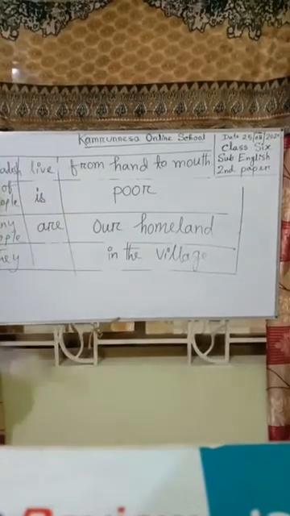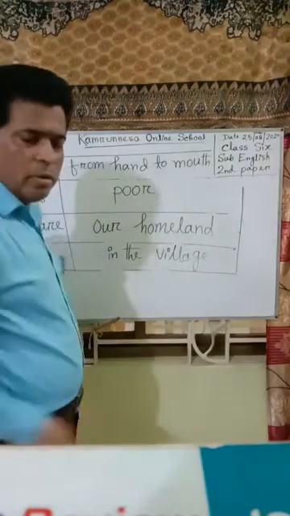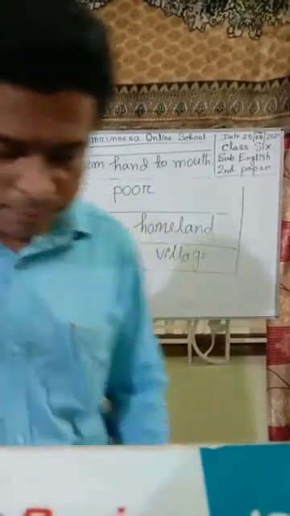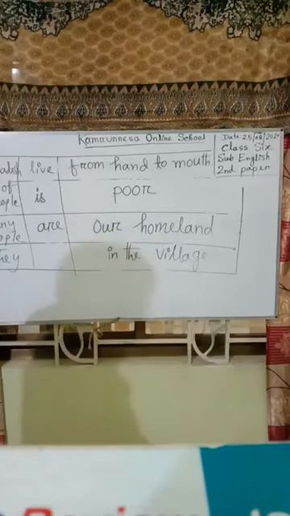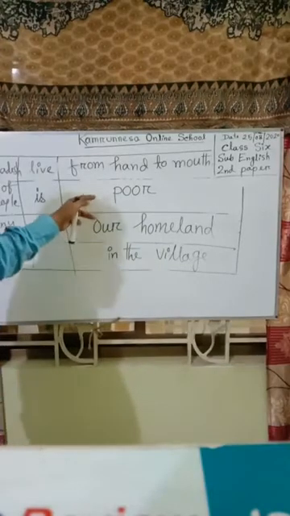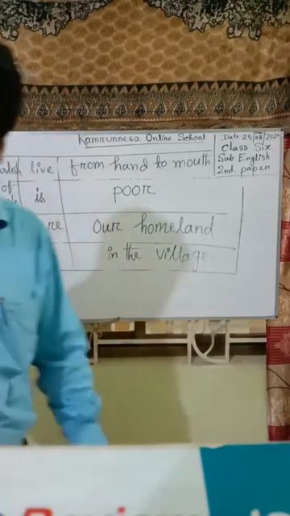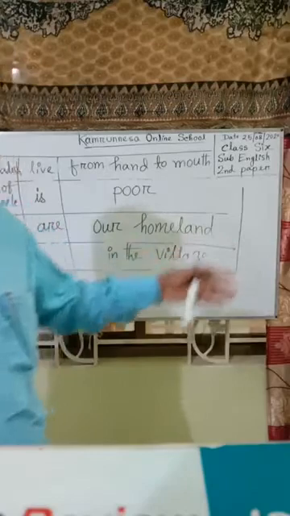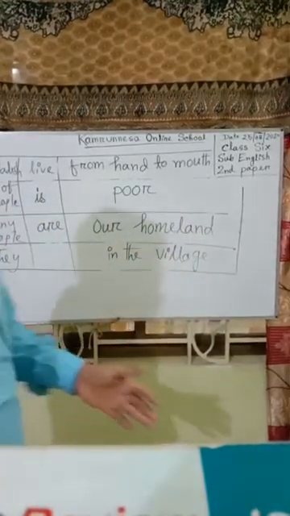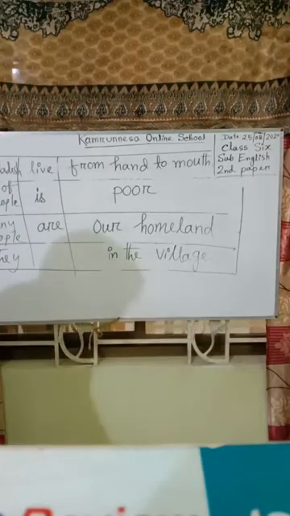And finally, they live from hand to mouth. Okay, understand? I think everybody easily understood this table, and you have to answer this table in your exam. Such type of table will be given. Now we will solve another problem.